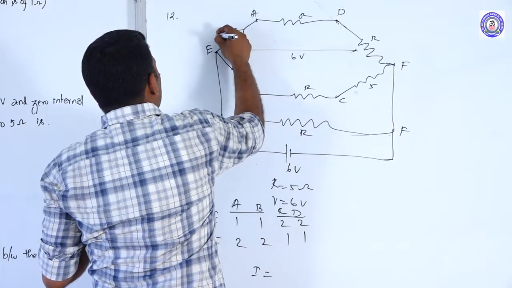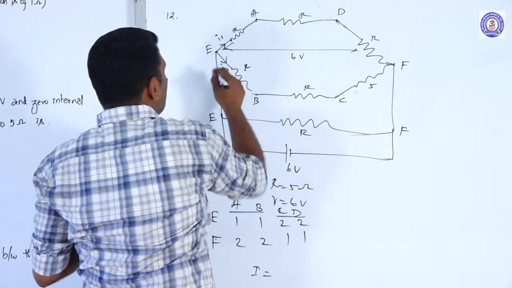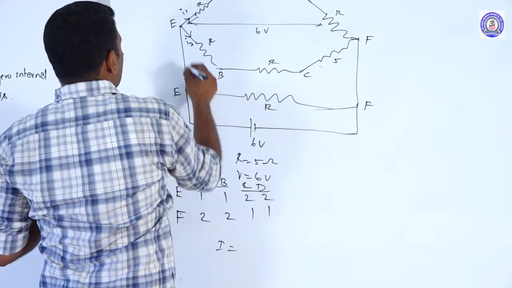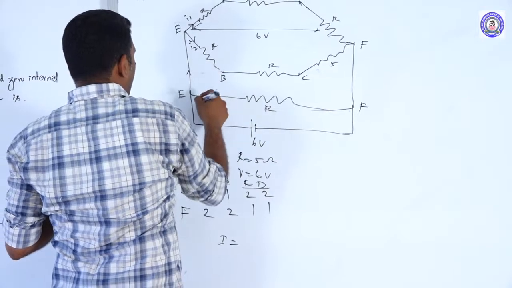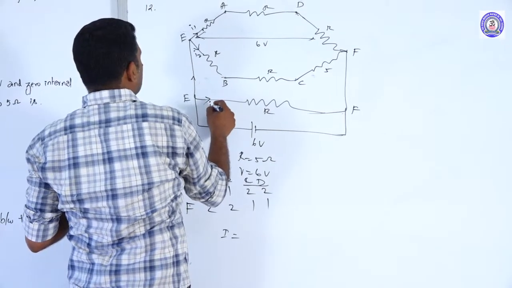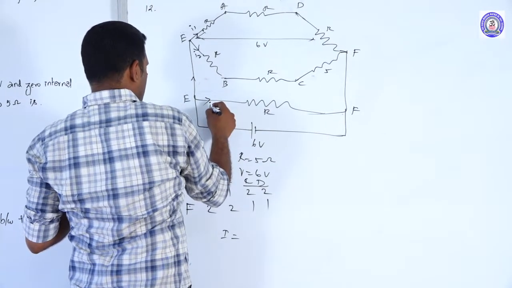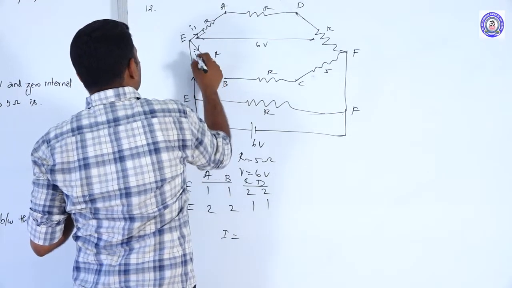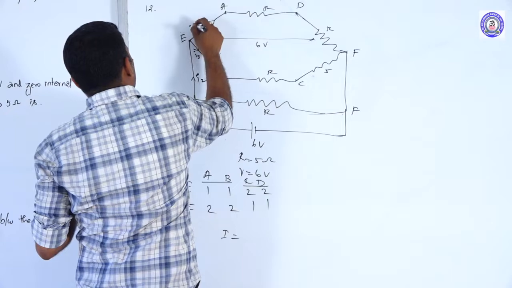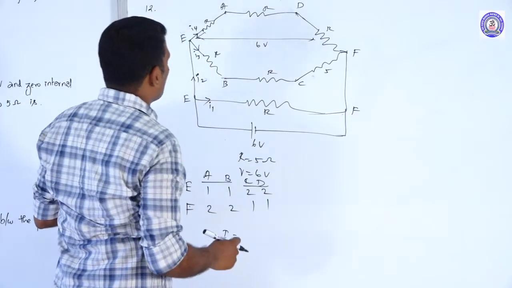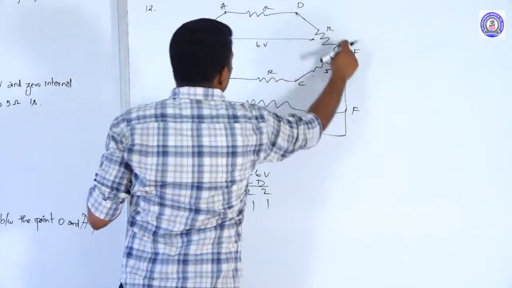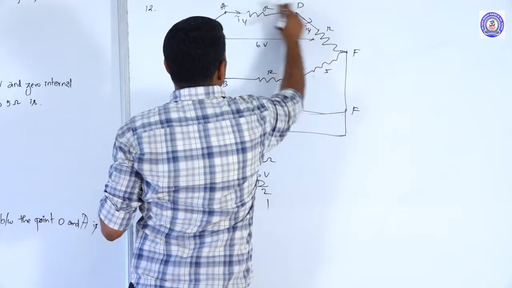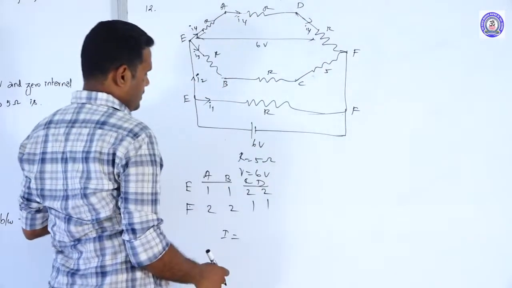Let us say the current divides as I1 and I2, and then as I3 and I4. What I want to calculate is I4. The same current I4 will flow through this path because this is a series combination.